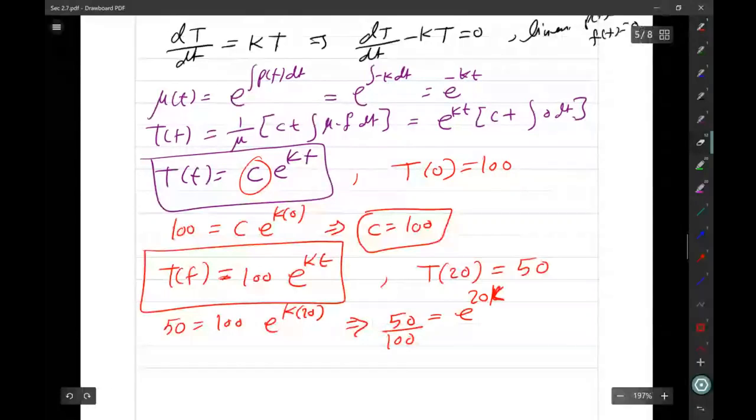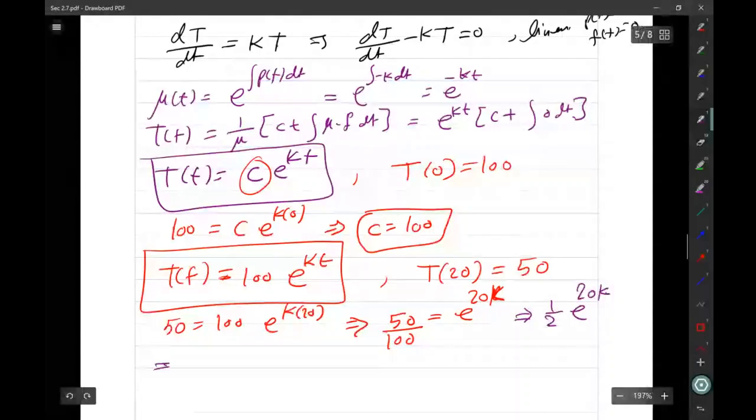And I need to find k, so take ln for both sides. So 50 by 100 is half, equal to e to the power 20k.